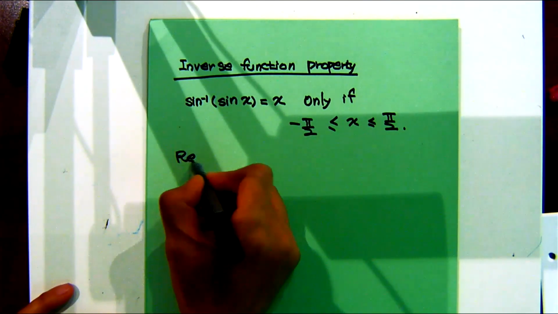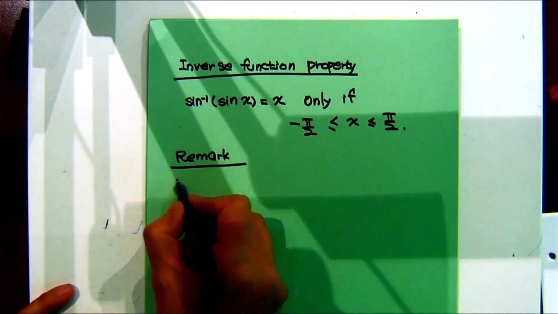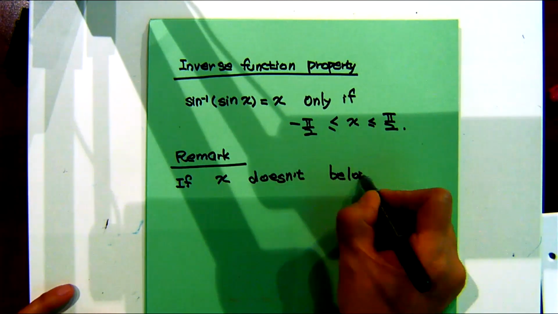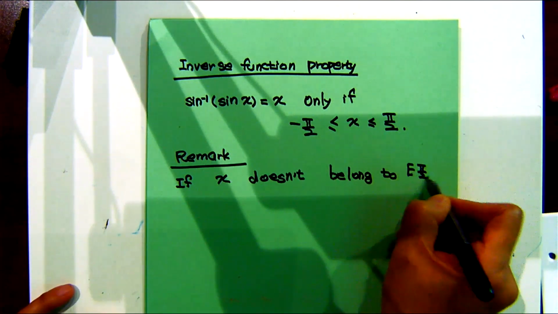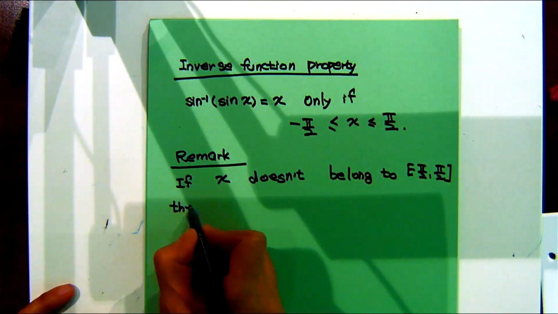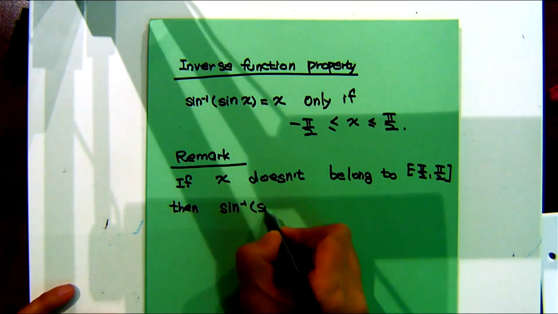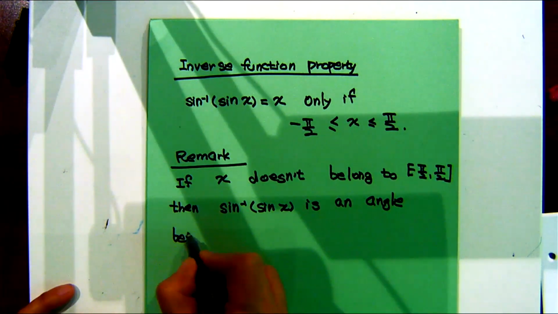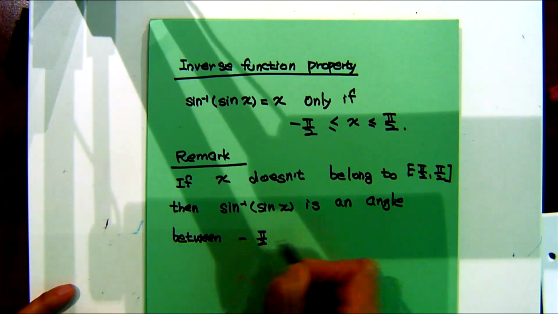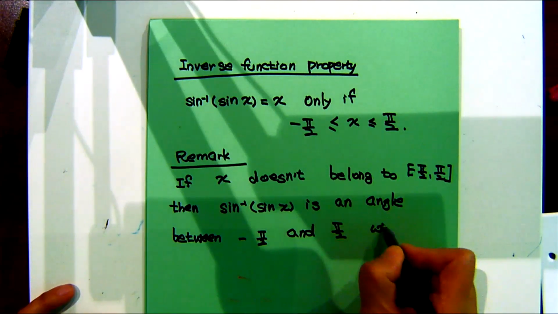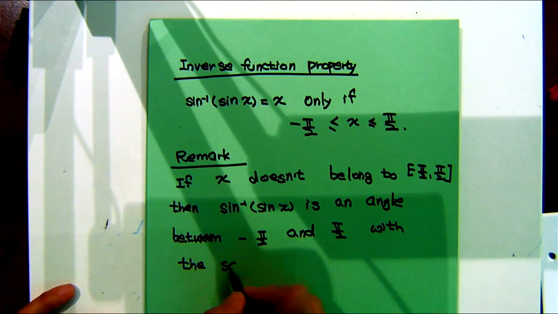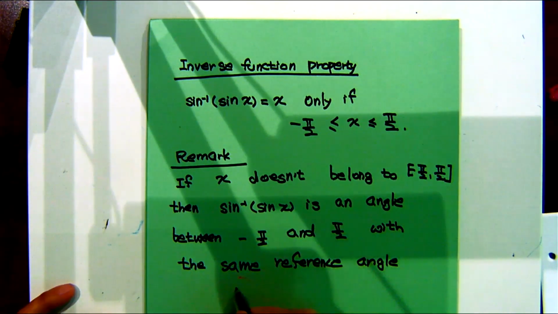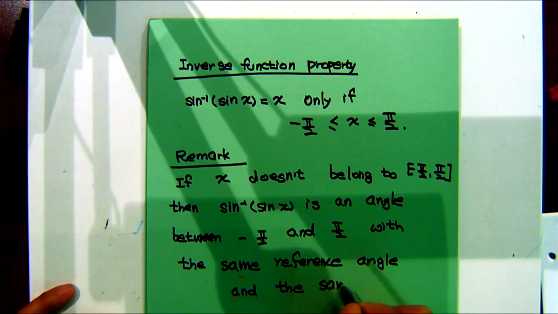So this is quite a subtle property. If x doesn't belong to -pi/2 and pi/2, then sine inverse of sine of x is an angle between -pi/2 and pi/2 with the same reference angle and the same sine.